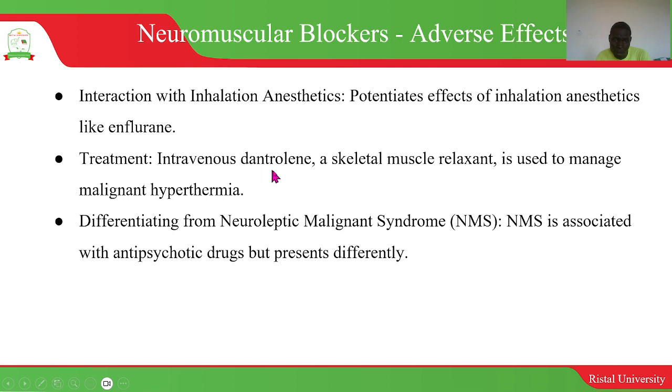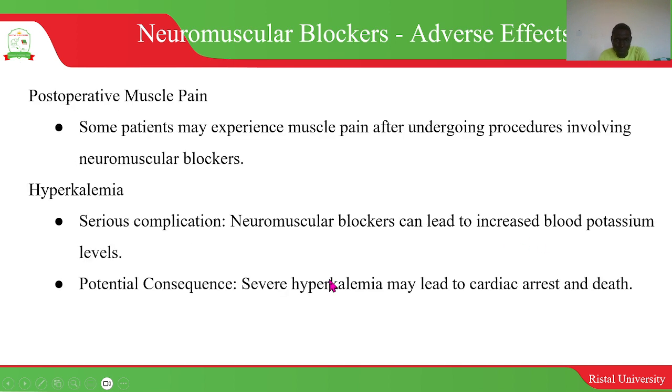Treatment: intravenous dantrolene, which is a skeletal muscle relaxant, is used to manage malignant hyperthermia that we talked about. Differentiating from neuroleptic malignant syndrome, this is associated with antipsychotic drugs but presents quite differently.